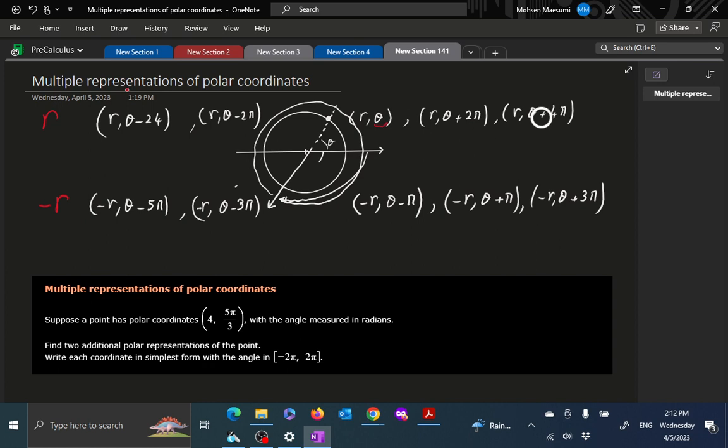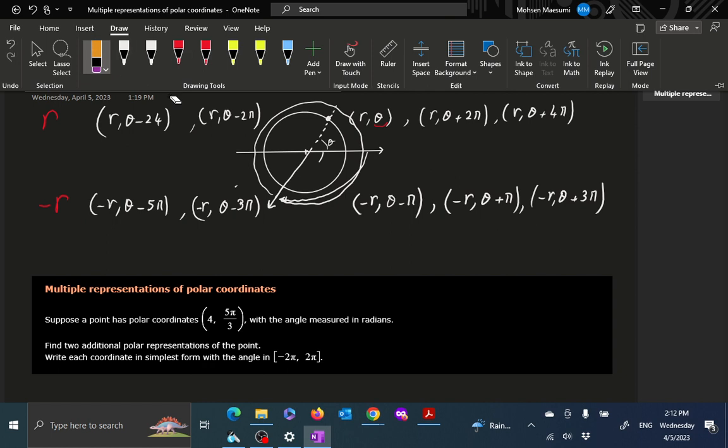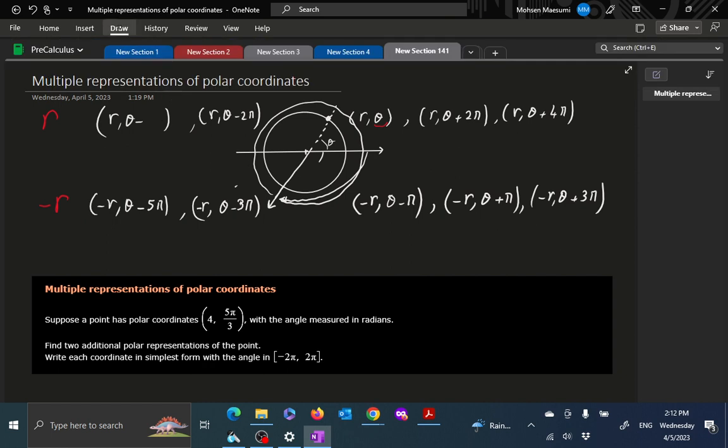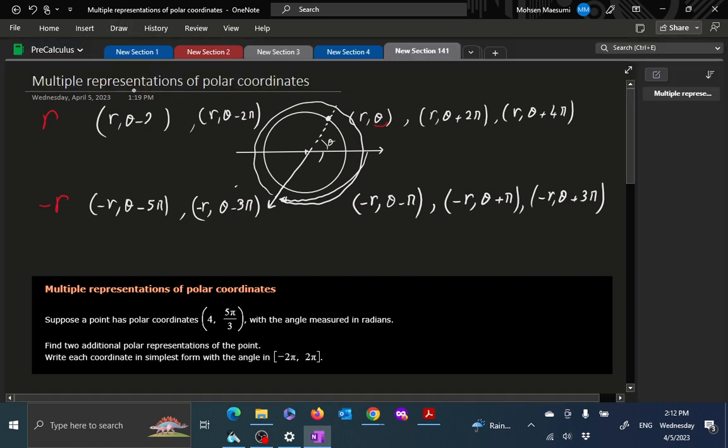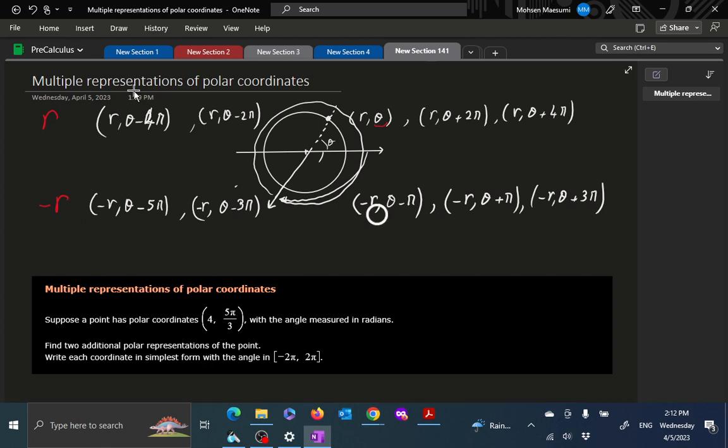This list I can make by adding and subtracting multiples of 2 pi. I'm sorry, I'll make a correction here: I can add and subtract multiples of 2 pi. The other list, associated with minus r, has angles that you can obtain by subtracting a pi from this one.